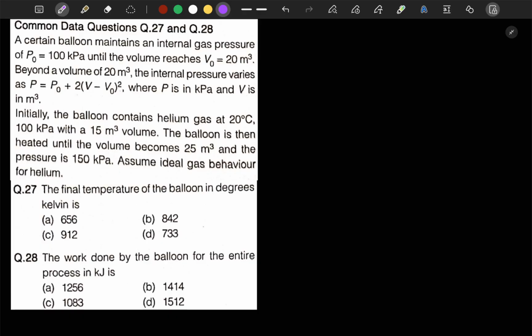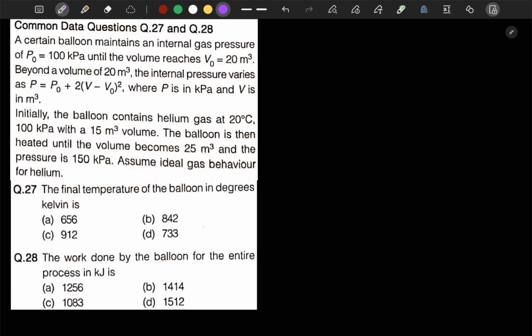Beyond 20 meter cube, the internal pressure varies as P is equal to P naught plus 2 times V minus V naught, as P is in kilopascal and V is in meter cube. Initially, the balloon contains helium gas at 20 degrees Celsius at 100 kilopascal with volume of 15 meter cube. The balloon is then heated until the volume becomes 25 meter cube and the pressure is 100 kilopascal. Assume the ideal gas behavior.